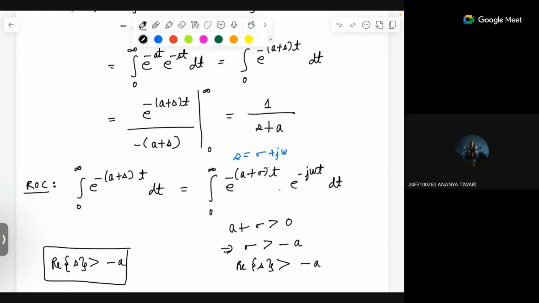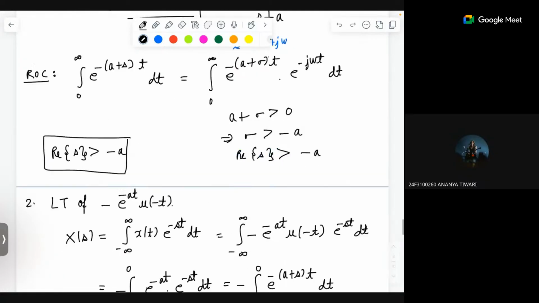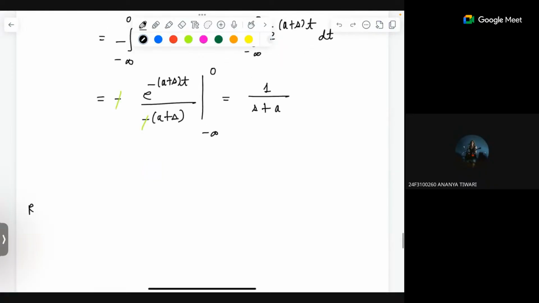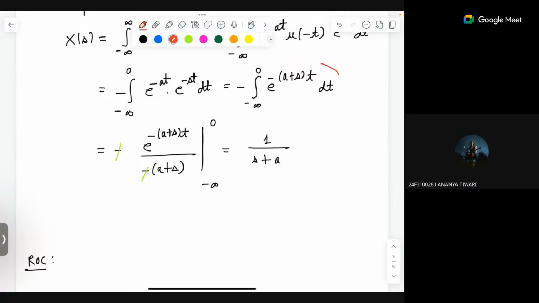Okay. Now similarly, we will calculate the ROC of the second one, and that integration I will confirm on Monday. I will clarify that on Monday. So ROC of this, let us go to this step. So I will just write that same thing over here. Minus infinity to 0 e raised to the power of minus a plus s t dt.